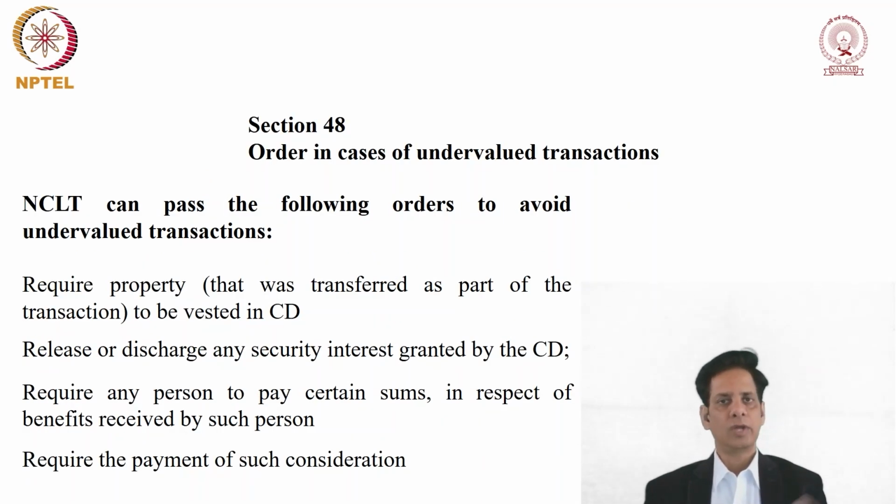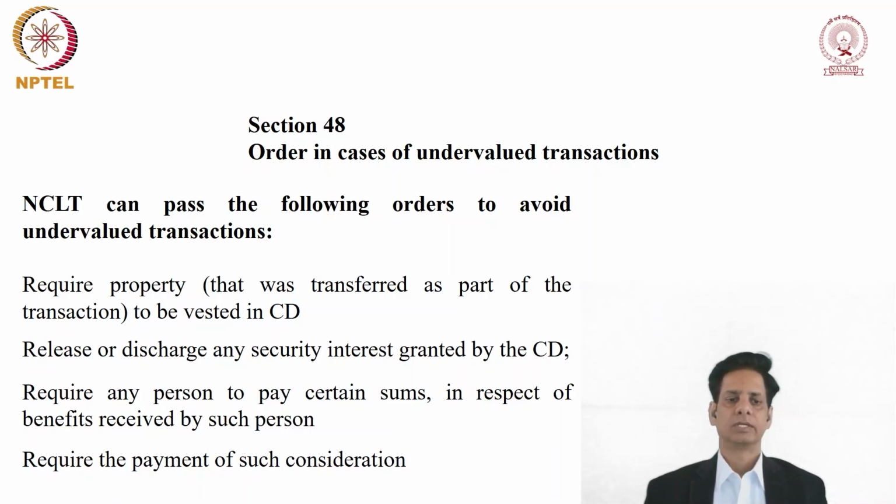Then, whoever makes an application, whether the applicant is a resolution professional or the creditor, the effects of such application will be dealt with in section 48 of the Act, where orders can be passed for undervalued transactions. So we are now trying to understand what kind of orders can be passed by the adjudicating authority under section 48 where an avoidance transaction is reported to NCLT.